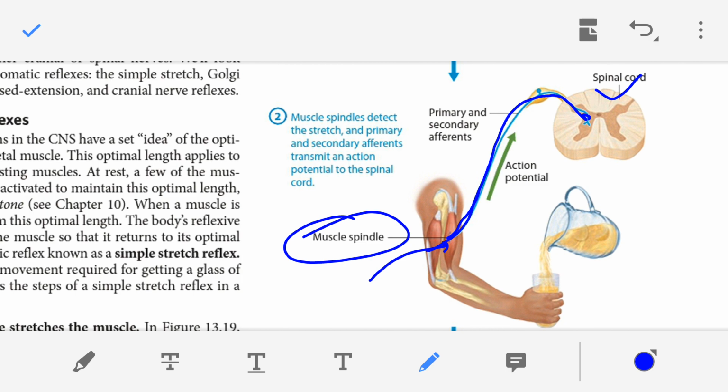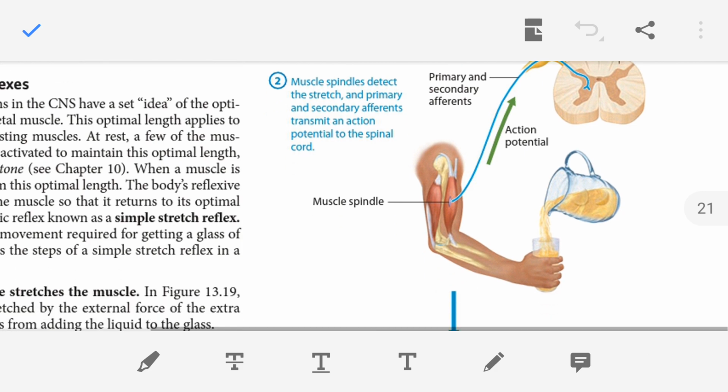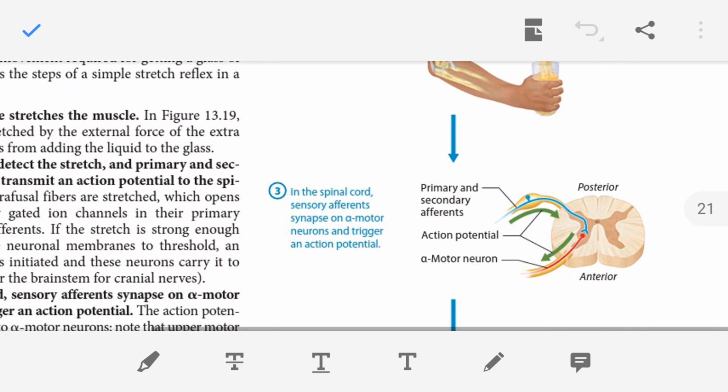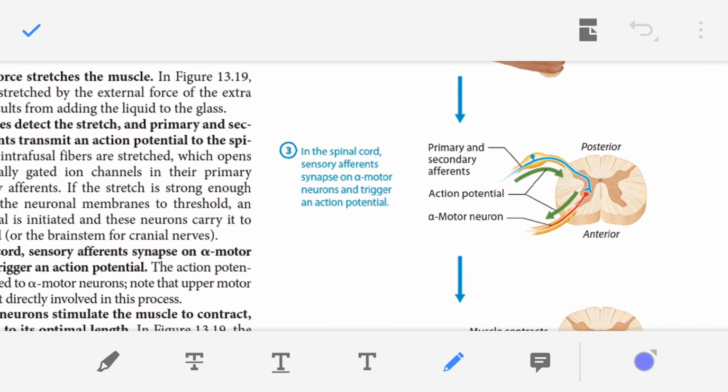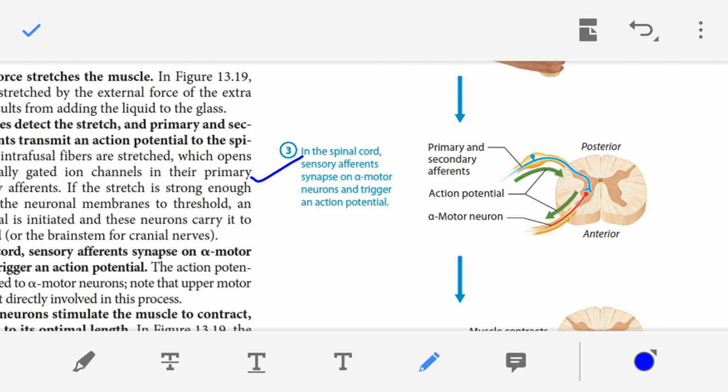So the action potential reaches the spinal cord. Now in the spinal cord, the sensory afferent neuron synapses with another kind of neuron, and this other kind of neuron is the alpha motor neuron.